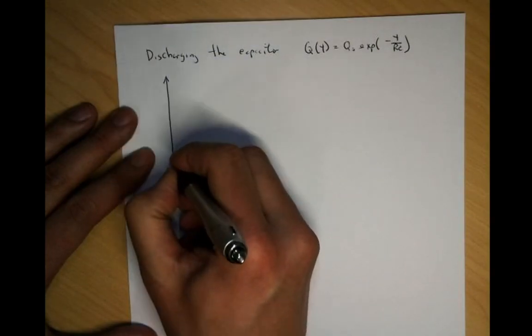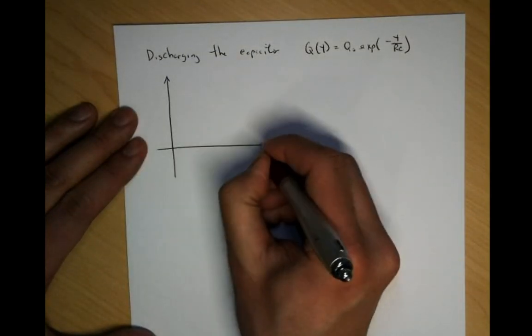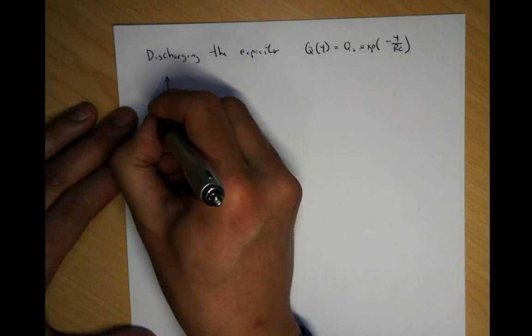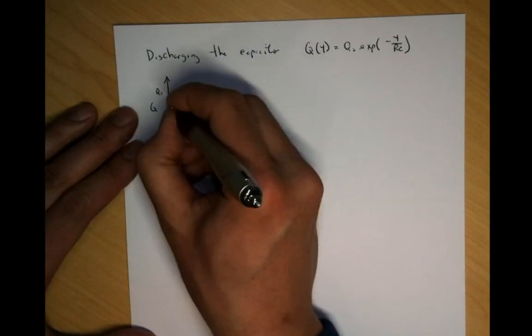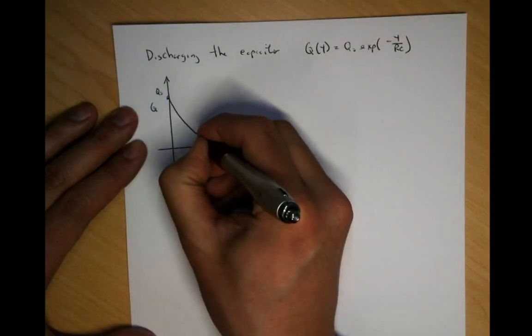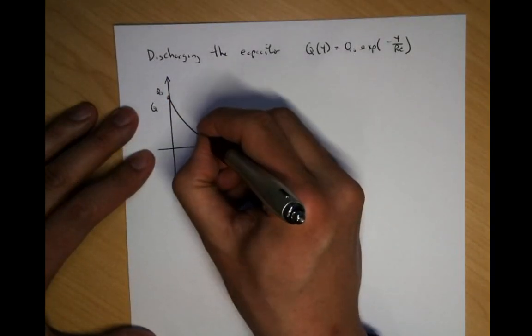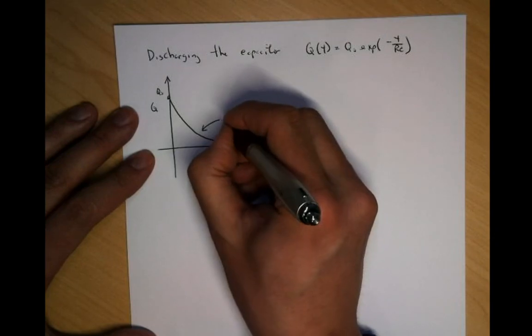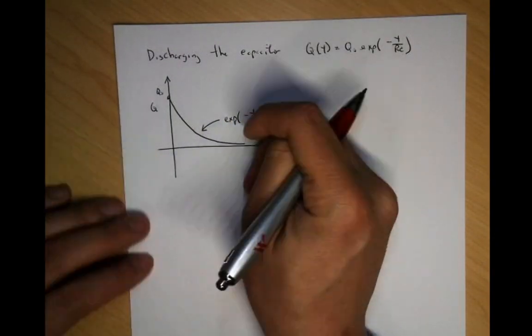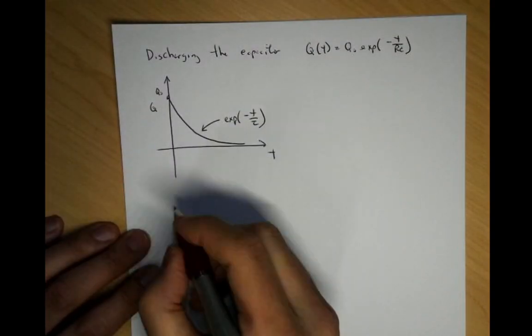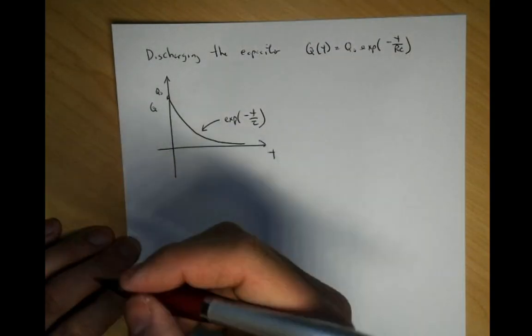And so if you plot this out as a function of time, Q starts out at t equals 0 at Q0, and it exponentially decays off, right? So this goes like exponent minus t over tau here, right? Okay. So, what happens to the voltage drop?